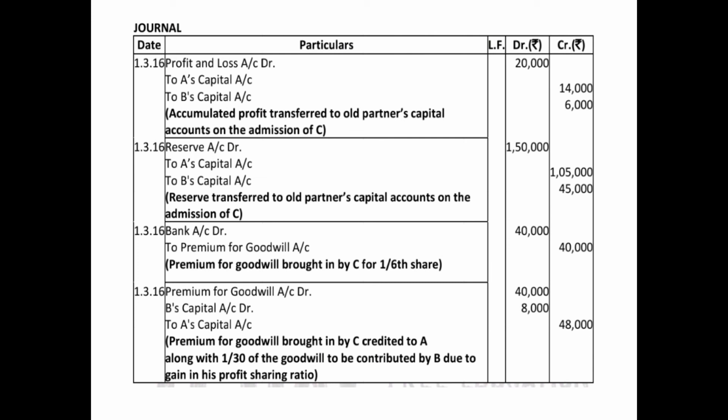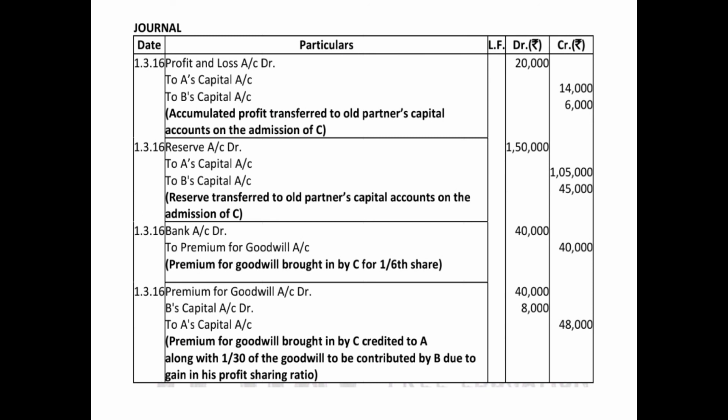The second entry is again for distributing undistributed profit, or we can say the reserve. In that case, the entry would be reserve account debited rupees 1,50,000 to A's capital account 1,05,000, to B's capital account 45,000. That means we have distributed the reserves in the old ratio among the old partners. The narration will be for reserve transferred to old partners' capital accounts on the admission of C.